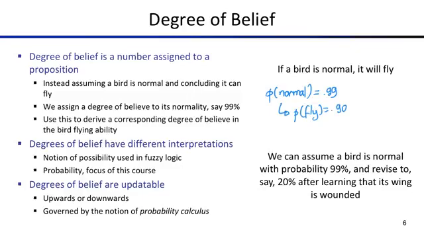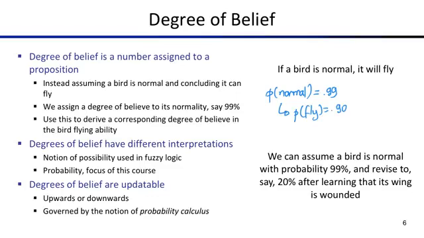It's important to say that probabilities are not the only way of expressing degree of belief. There are other ways of doing that. Researchers in artificial intelligence try different ways of expressing degrees of belief. One classical example that is very well known is called fuzzy logic. The central idea is different from probabilities.